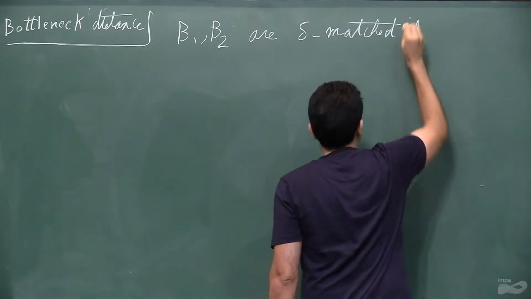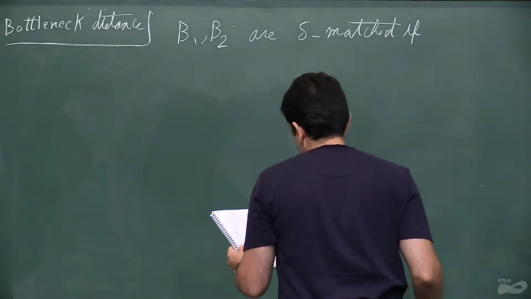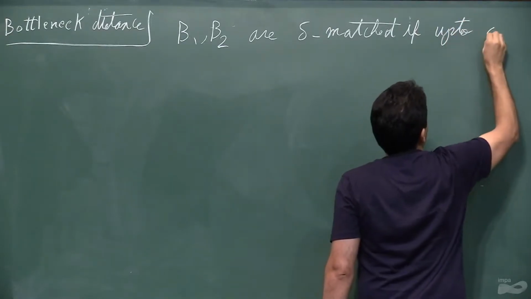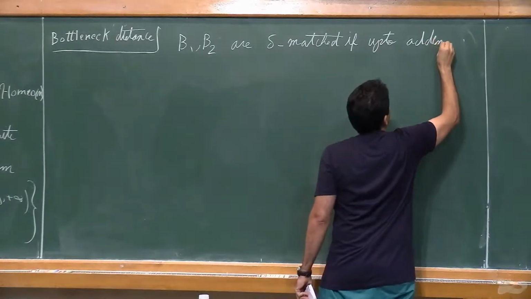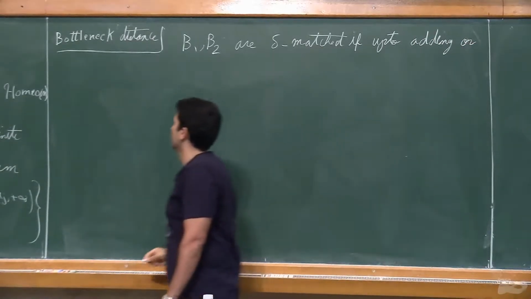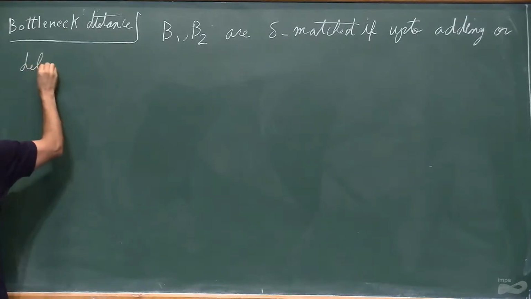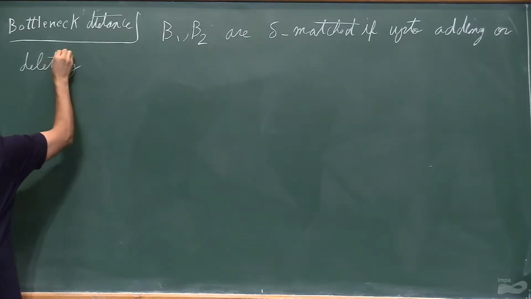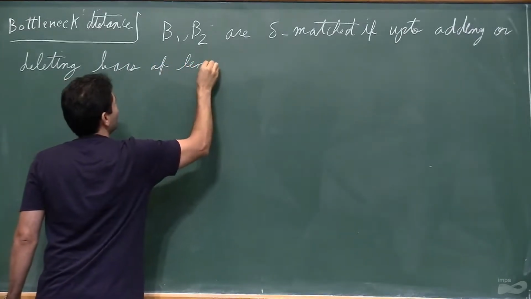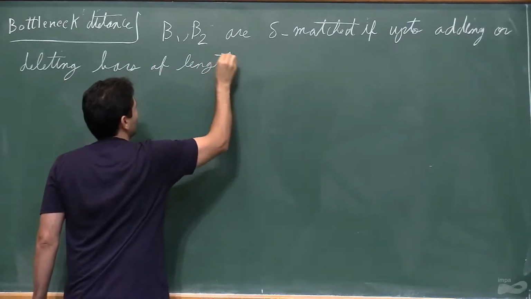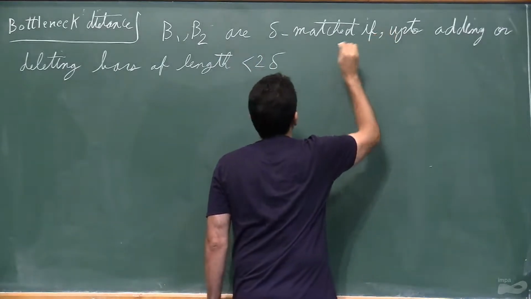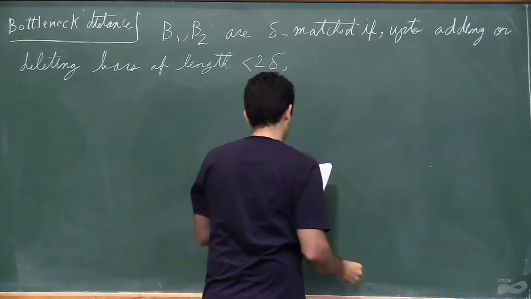This holds if the following happens, up to adding or deleting small bars of length less than 2 delta. So up to ignoring short bars, you can find a bijection.